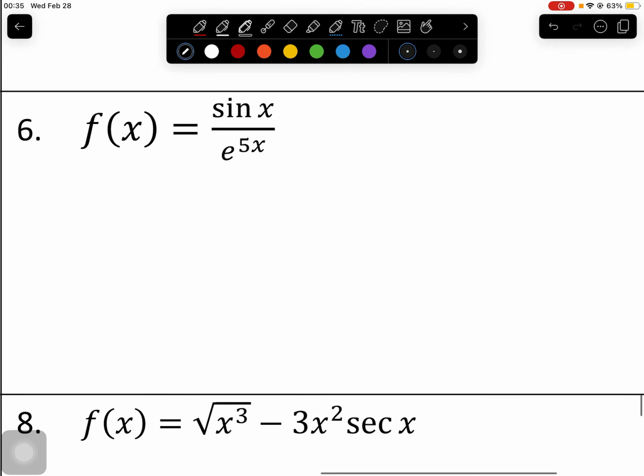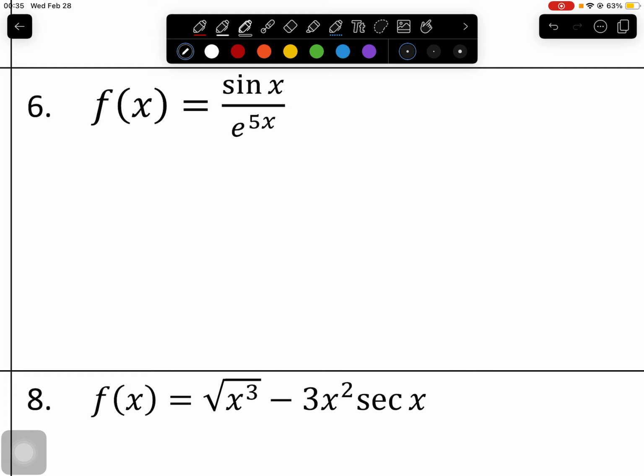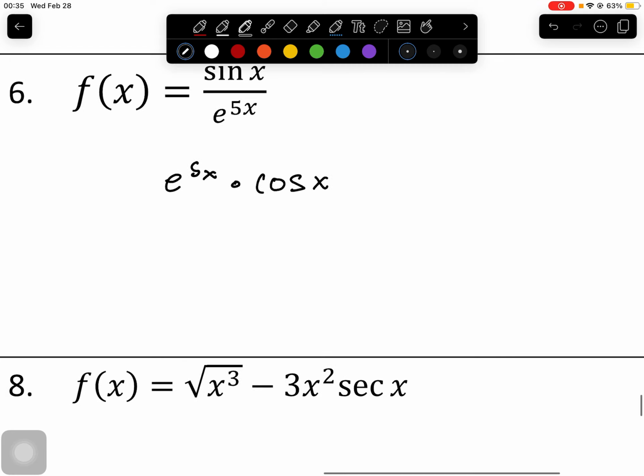And here, this is going to be our quotient rule. So we're going to get our low d high, which is basically going to be e to the 5x times the derivative of sine x, which is cosine x times du, and the derivative of x is just 1. So I'm not going to write it now.